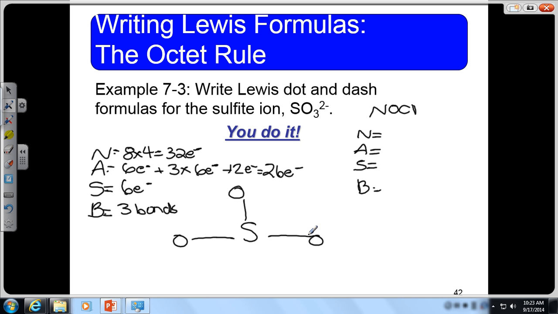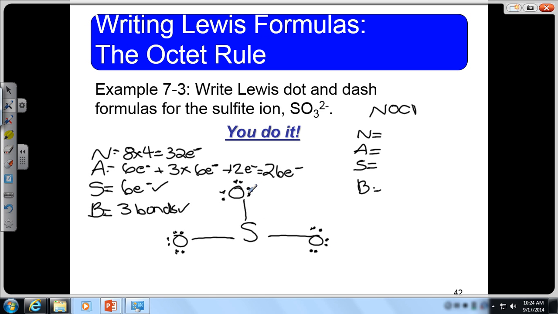So we've made our skeleton here, but now we need a lot more electrons, right? We've got 26. This is where that rule comes in: fill your octets on the outside atoms first, and then go to the central atom if you have more. So we're going to go to our oxygens, and they need 6 more electrons each.